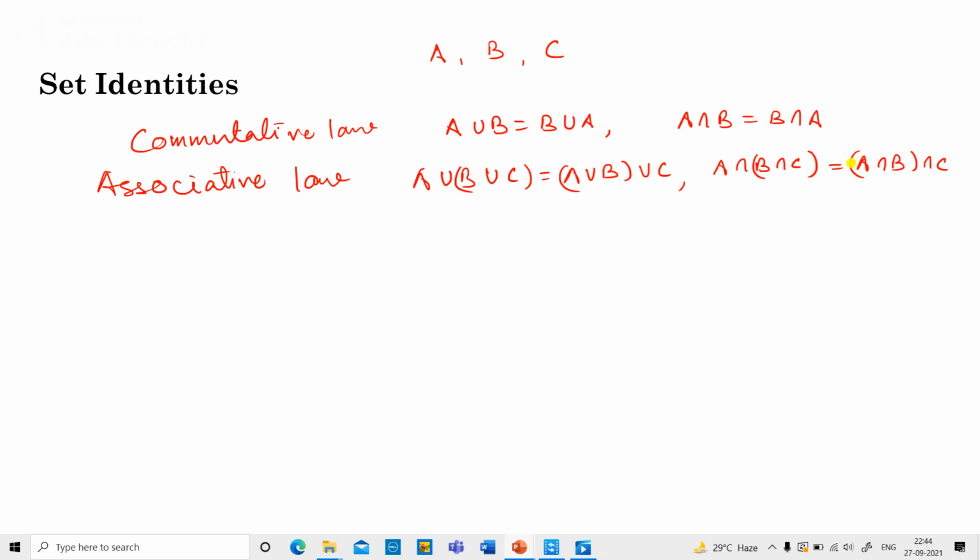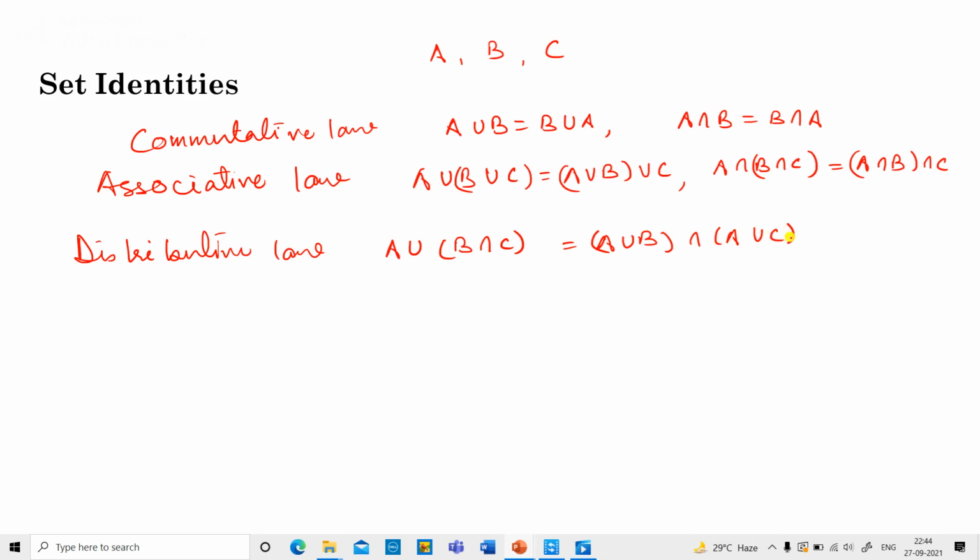This is the associative law. Similarly, you can define the distributive law: A union (B intersection C) equals (A union B) intersection (A union C). Similarly, A intersection (B union C) equals (A intersection B) union (A intersection C).